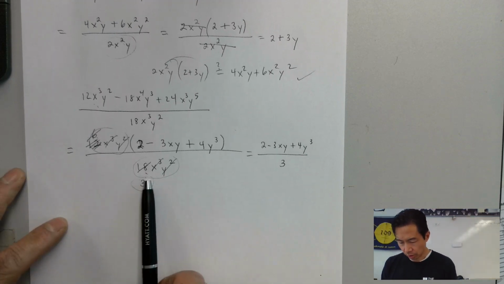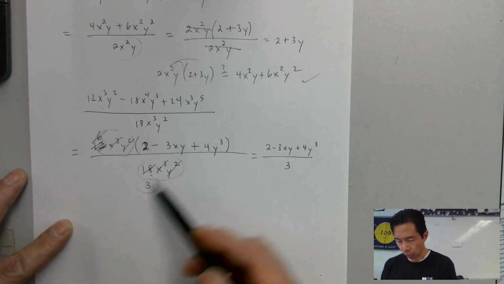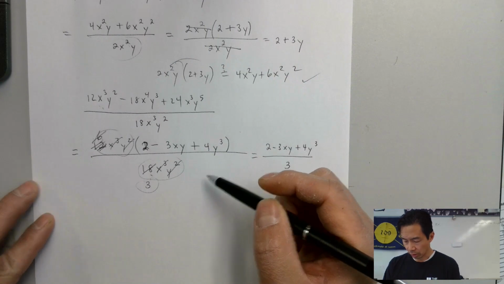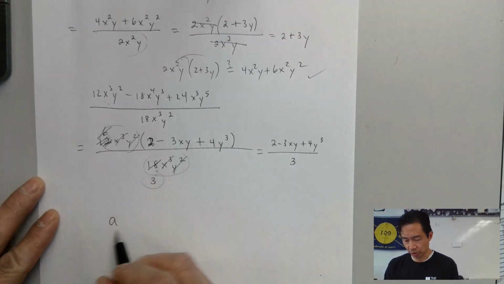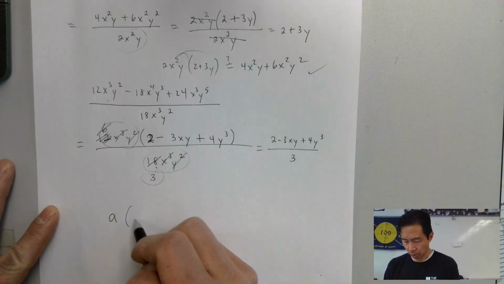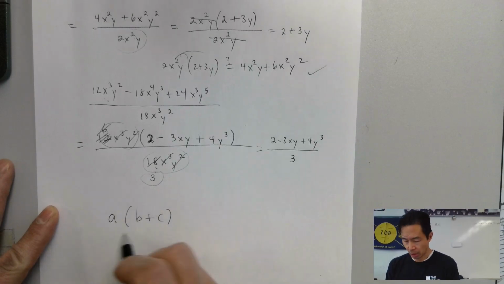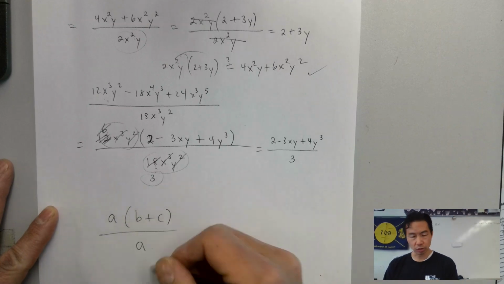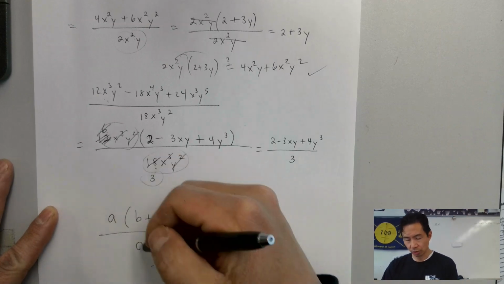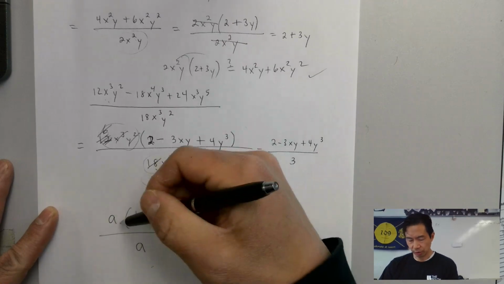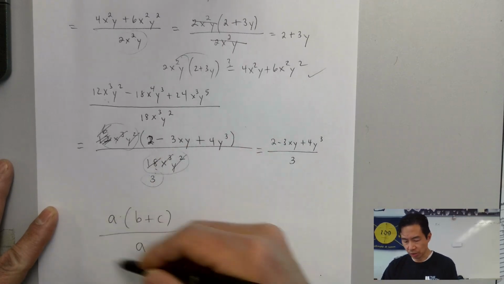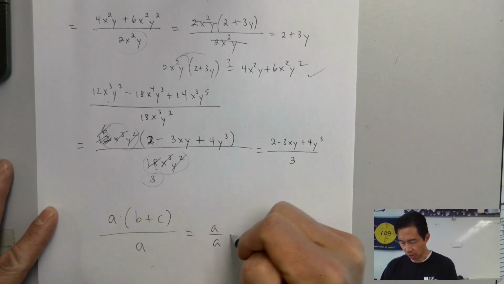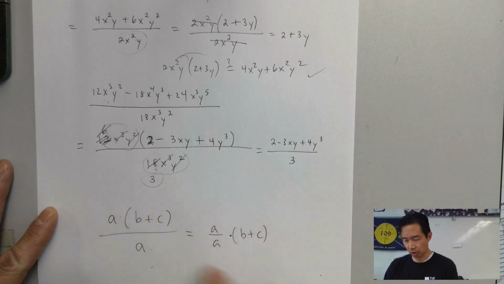And I want to explain why we're allowed to cancel here. Let's pretend A is the GCF that we already took out. B plus C is the leftover. And let's pretend the denominator A is identical to the GCF. The reason you can cancel this A with this A is because this is the same thing as A over A times B plus C. That's the definition of division.